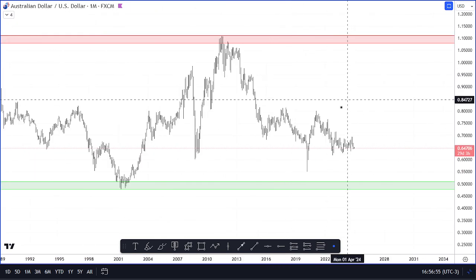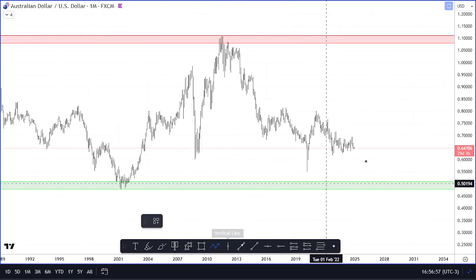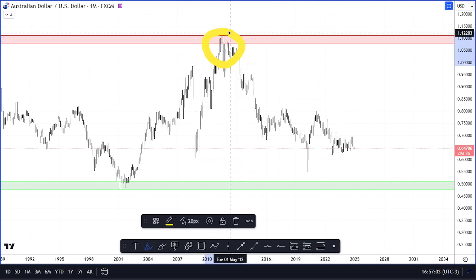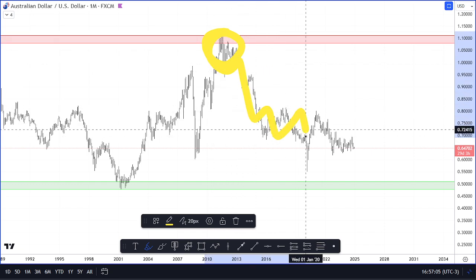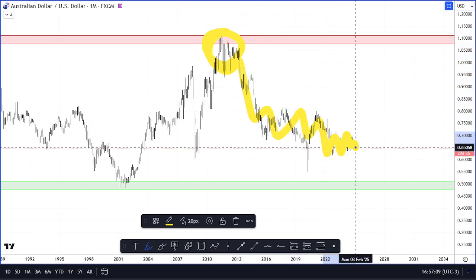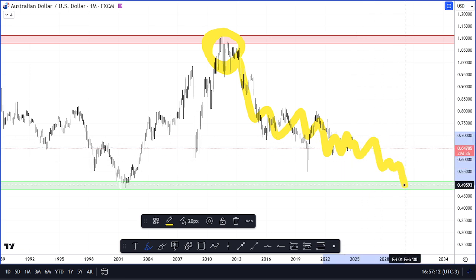So long term, I'm expecting price to go from here, because this was the last time we saw price going away from here, and as you can see, going down. Now price is in sideways movement, but long term we're expecting price to come down here.